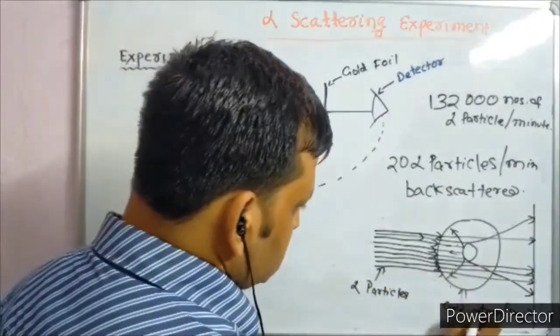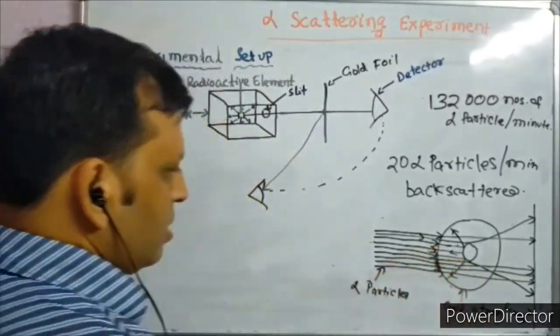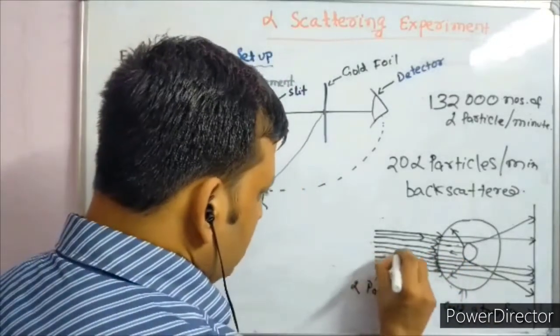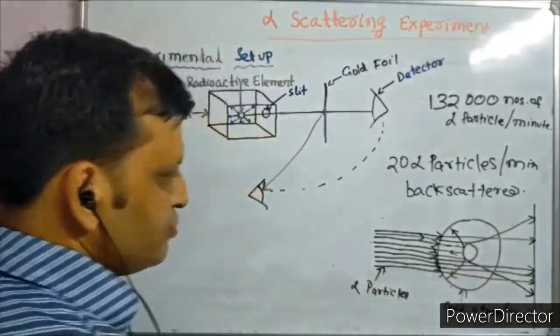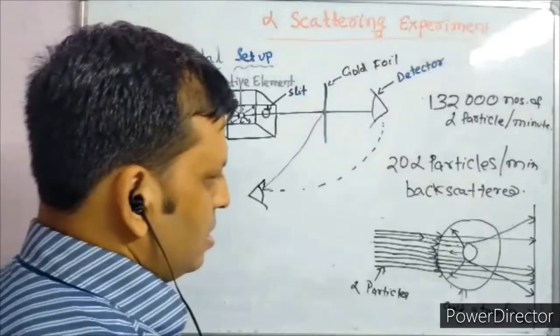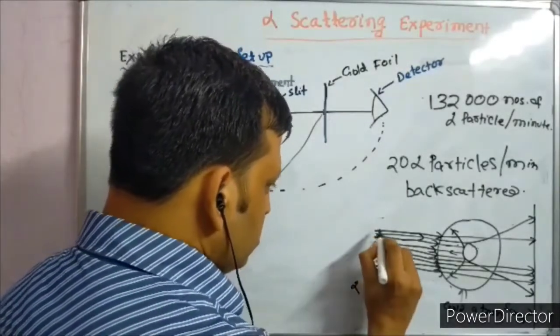Let us assume that this is a gold atom, and on this gold atom, these are the alpha particles which are being struck, and this is the screen on which we can see the alpha particles.